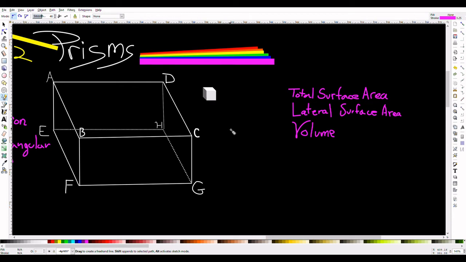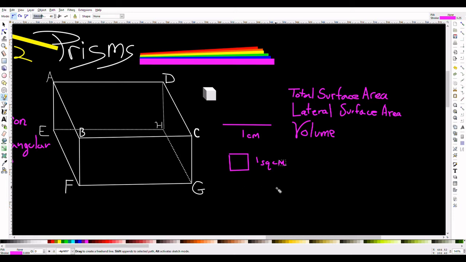Our last thing to discuss is volume. So we know that you can measure the length of something in units. We could say this is 1 centimeter, a 1 centimeter line. You can also measure something in square units, where you have a 1 square centimeter box. And you can also measure something in volume.